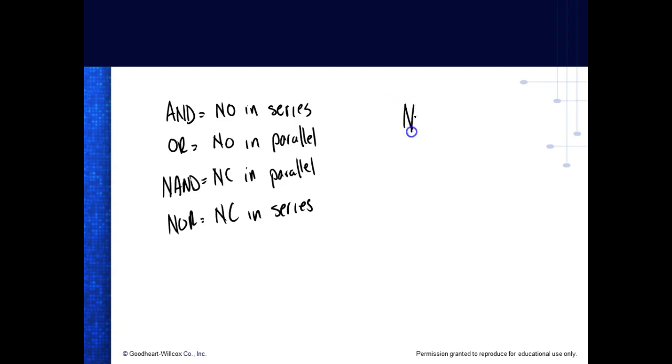And a NOT is a single normally closed contact. One. So I have somebody come up here and I'll do this, and they'll say that's a NOT. This is not a NOT because it's got more than one contact.